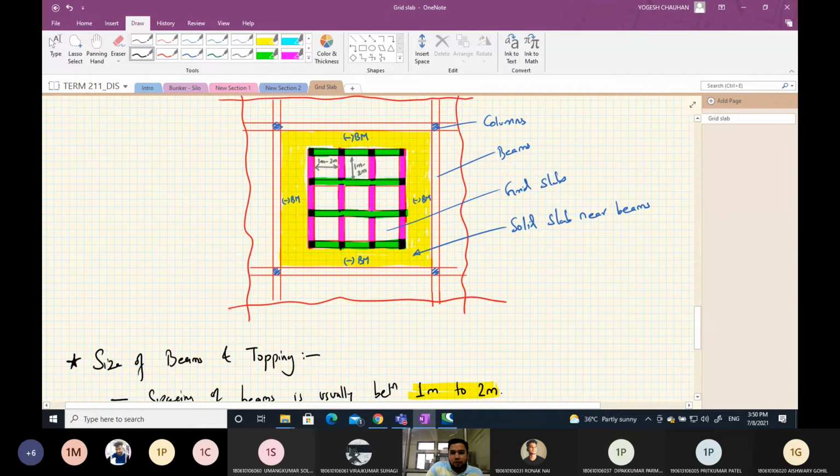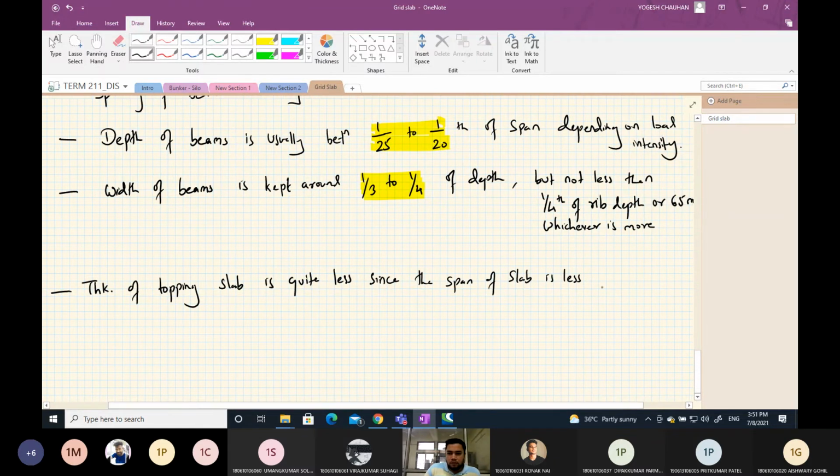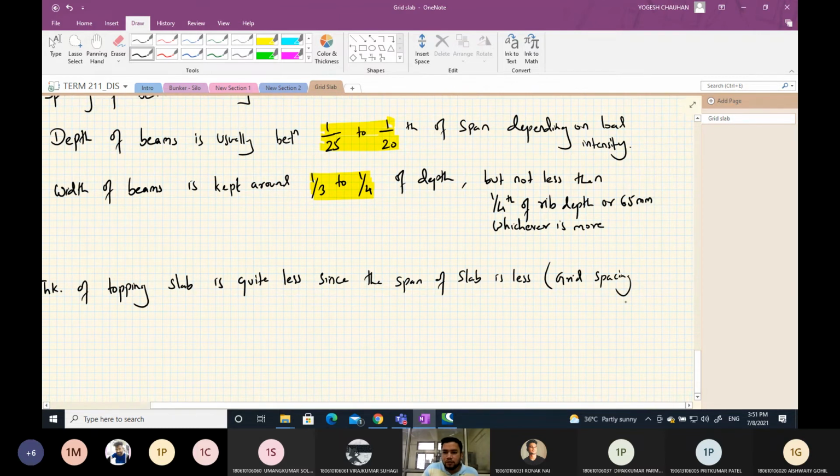The thickness required for the slab or topping is very less since the grid spacing is small.